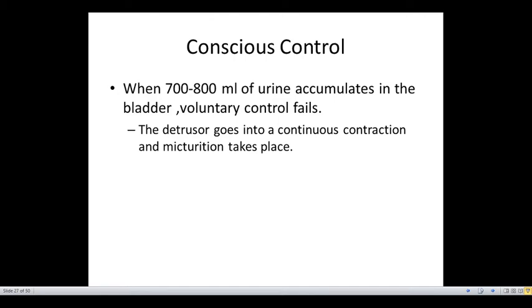That is, when 700 to 800 milliliters of urine accumulates in the bladder, voluntary control exerted by the higher brain centers fails. So the detrusor goes into a continuous contraction and micturition takes place.